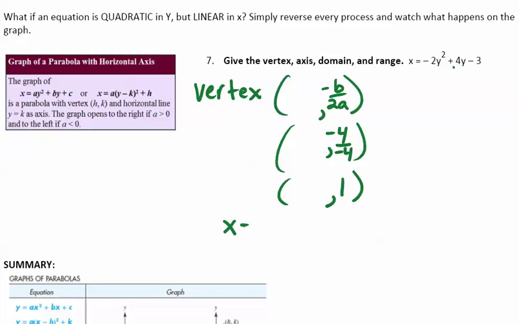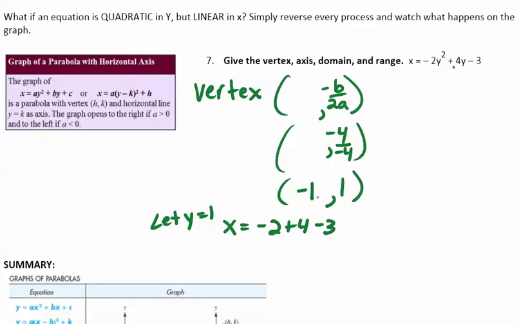To find the x-coordinate, we let y equal 1 in this equation. If we put 1 in here for y, we'll have -2 plus 4 minus 3. So it looks like the vertex will be (-1, 1).